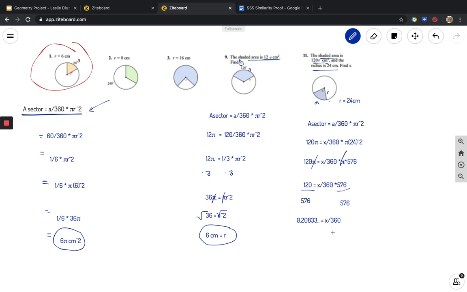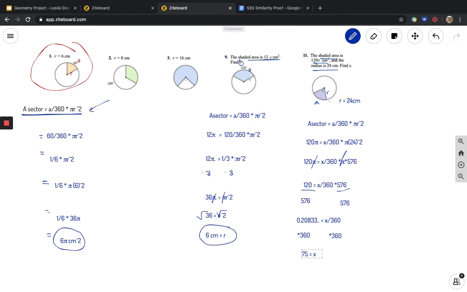So now, in order to get rid of this, we're going to multiply by 360 on both sides. And once we multiply by 360, we get 75 is equal to x.